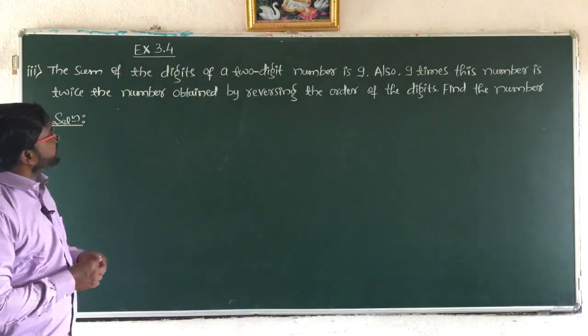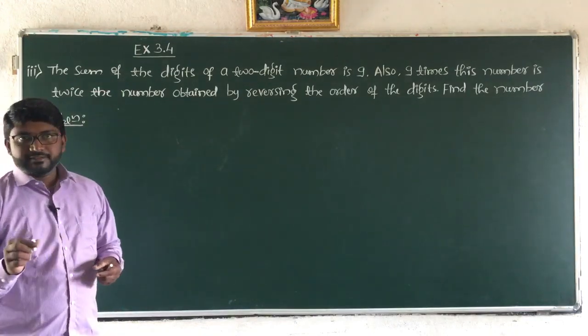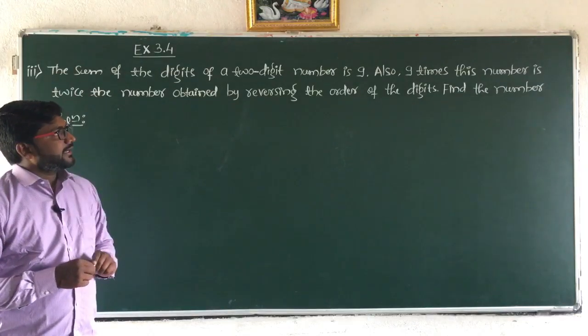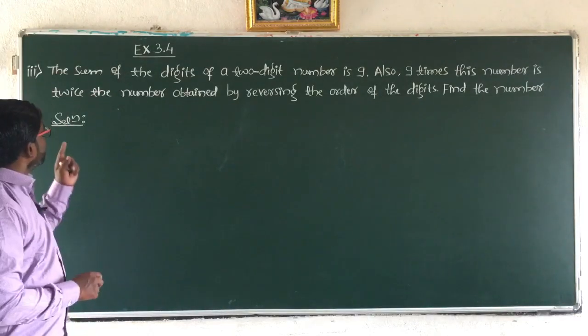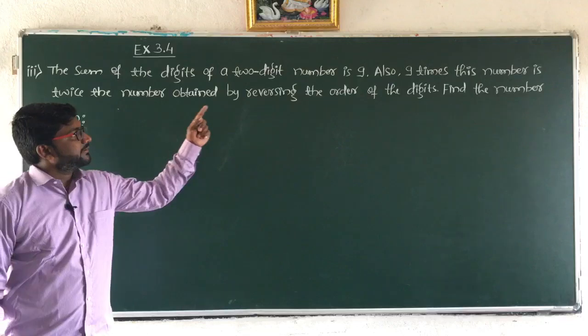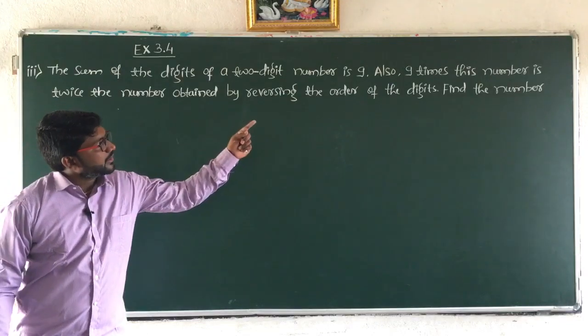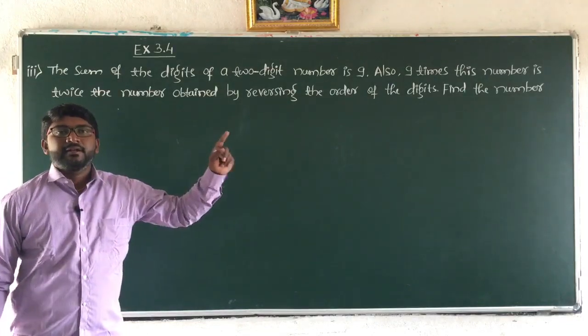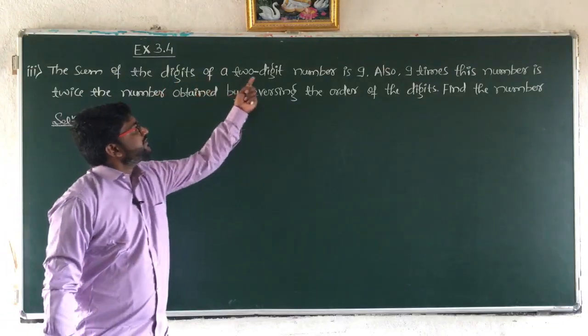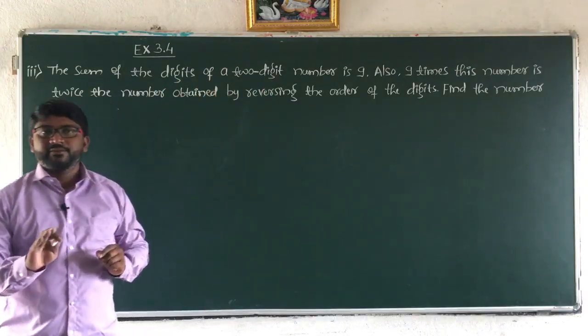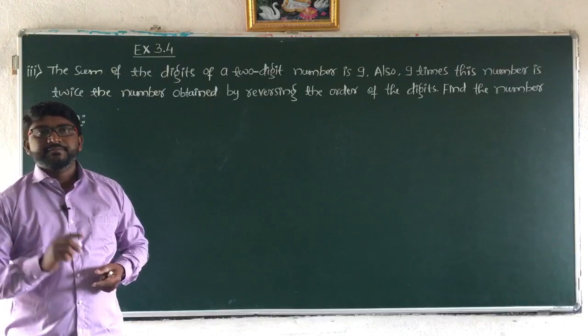The sum of the digits of a 2-digit number is 9. Also 9 times this number is twice the number obtained by reversing the order of the digits. Find the number. So he is talking about a 2-digit number. 2-digit means we have the units place and tens place.